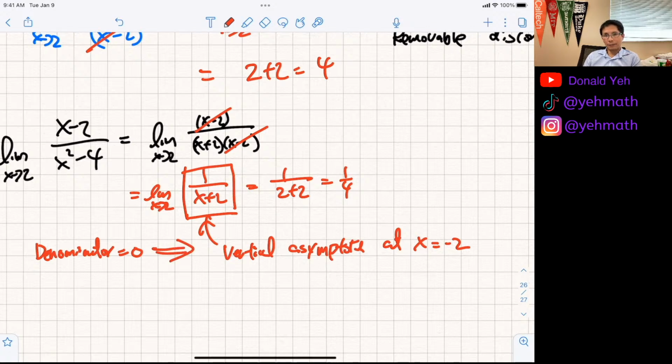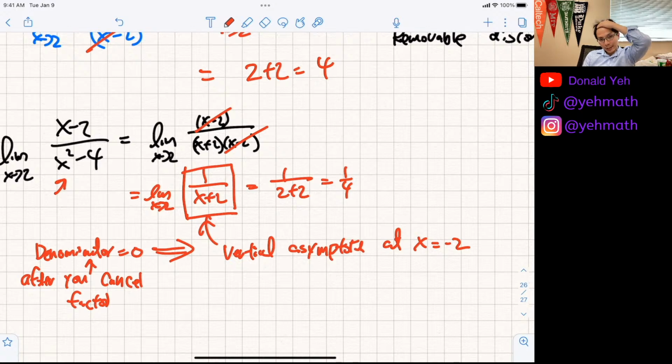On your test in the future, if I ask you for the vertical asymptote, you have to tell me denominator equal to 0. That means x plus 2 is equal to 0. But that's not the original denominator. If you use the original denominator, you'll get 2 values. It's after you cancel the factor, so make sure it's after you cancel, not before.